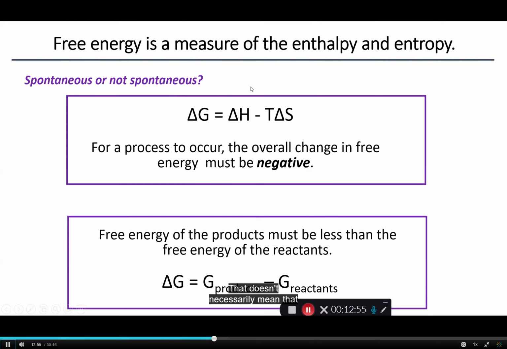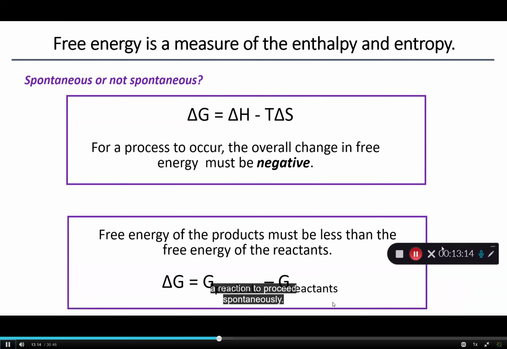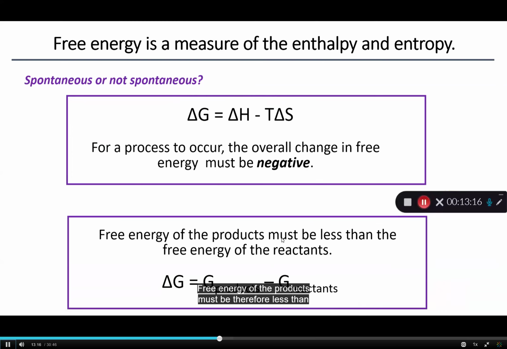That doesn't necessarily mean that both of these are favorable, that delta H is negative and delta S is positive. We can sort of play around with this side of the equation using temperature as a factor. But at any rate, these two values together must equal a negative delta G for a reaction to proceed spontaneously. Free energy of the products must therefore be less than the free energy of the reactants in order for delta G to be negative.